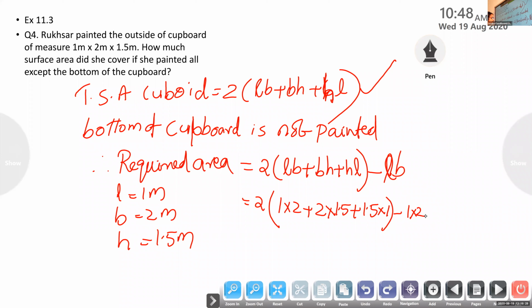Find out how much it is. 2 into 1 into 2, 2. 2 plus 1.5 is 3, plus 1.5, minus 2.